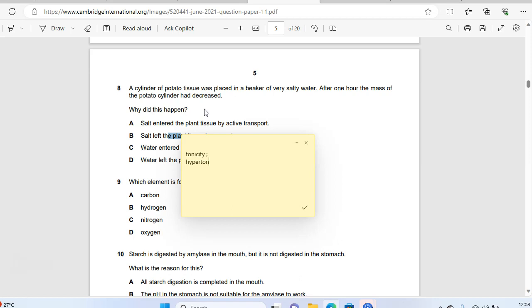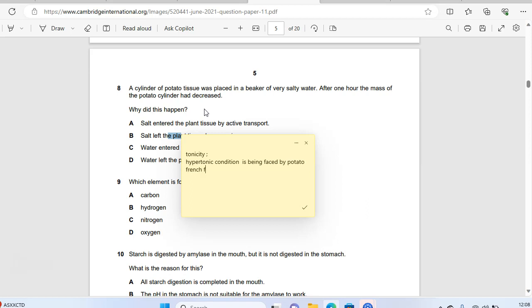Hypertonic condition is being faced by the potato French fries.